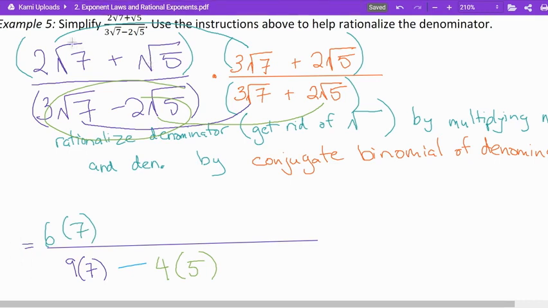Angelina, you're next. This times that. But watch, it's 2 times 2. So it's going to be plus 4. Just drop it there. But you have to multiply 7 times 5. No, 35. Okay? Polly, your turn.